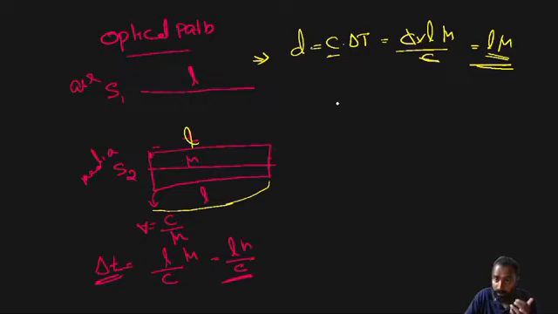It is greater than this. So the light ray traveled up to here at the time of delta t.